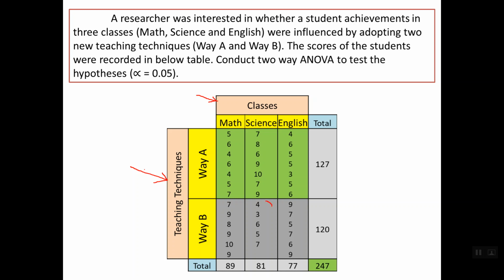For example, for this group, number of observation is equal to 5, while for this group, for example, number of observation is 7. So it's called unbalanced design.